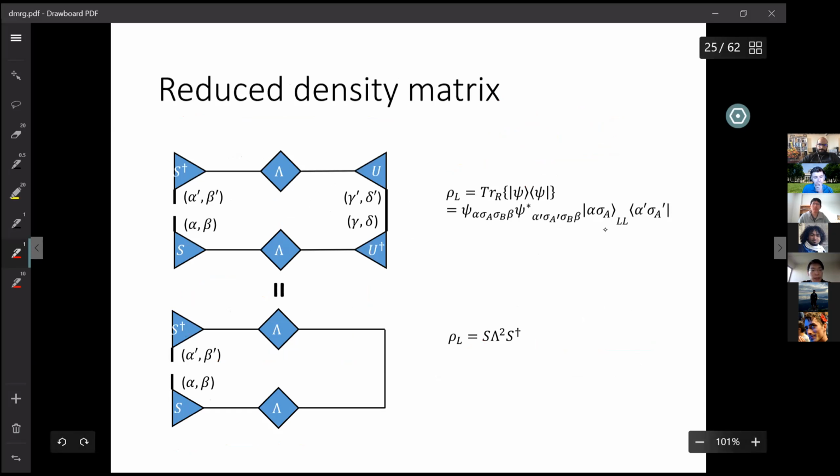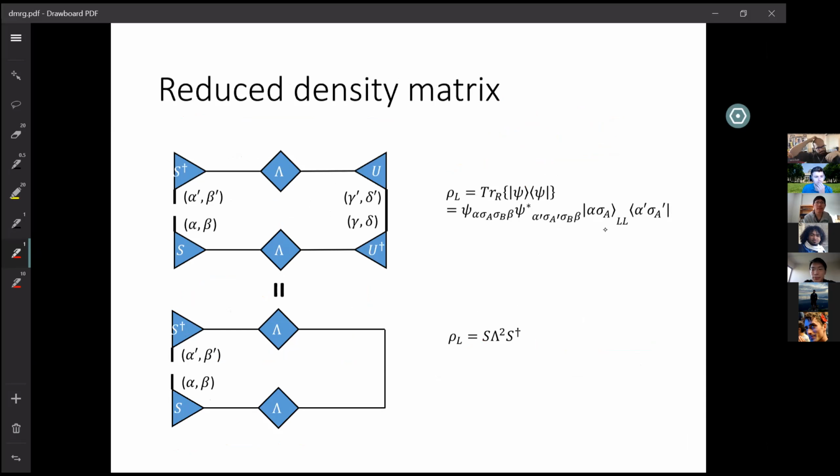Now I want to make the connection to the density matrix renormalization group. There, when we do the truncation, we look at the reduced density matrix. In fact, these give you the same result.